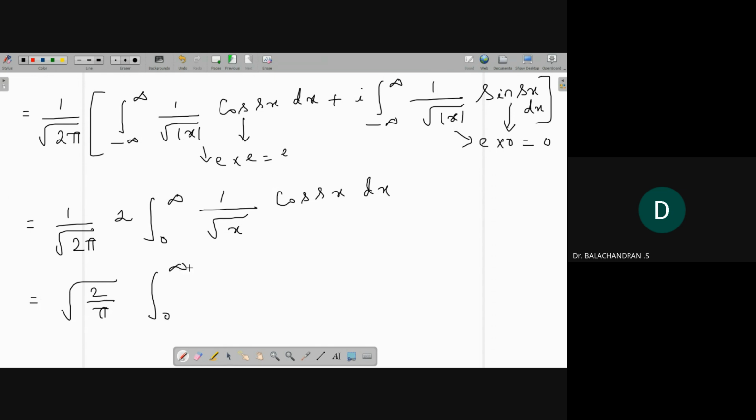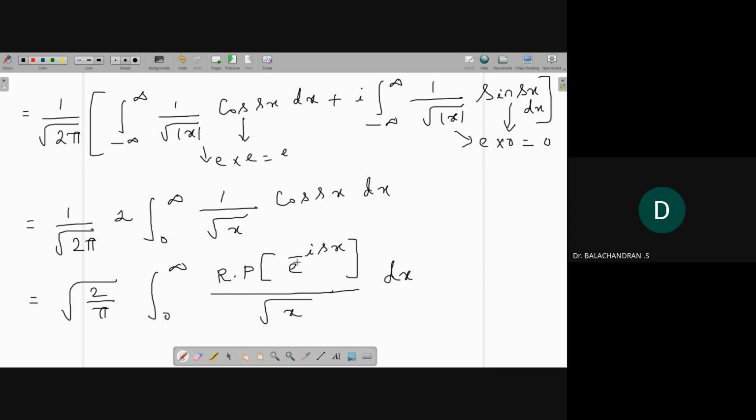Here I'm going to use some idea. If I keep it like this, the integration is a little bit difficult; you cannot integrate easily. So I'm going to write this as the real part of e power minus isx by root x into dx.